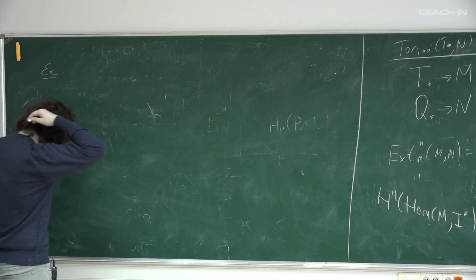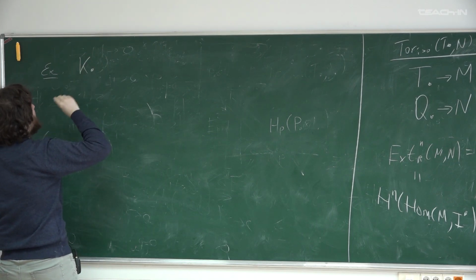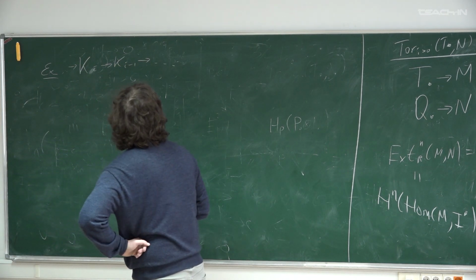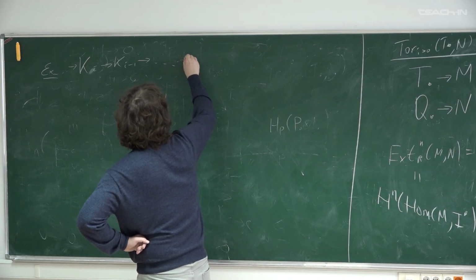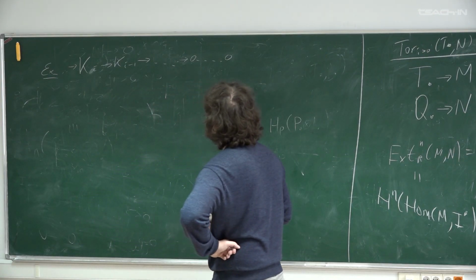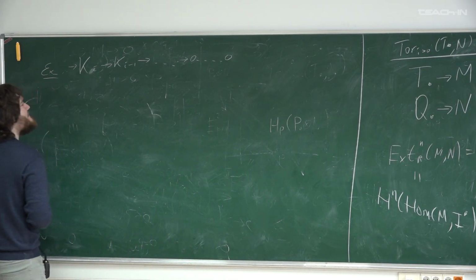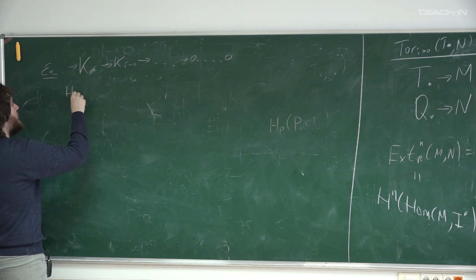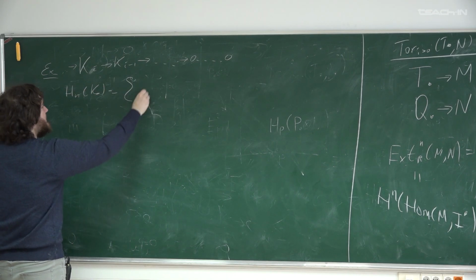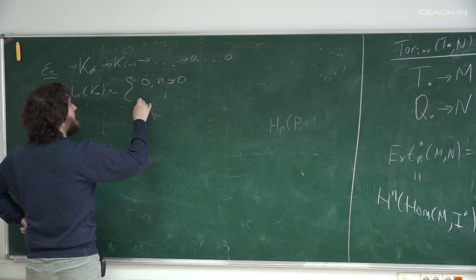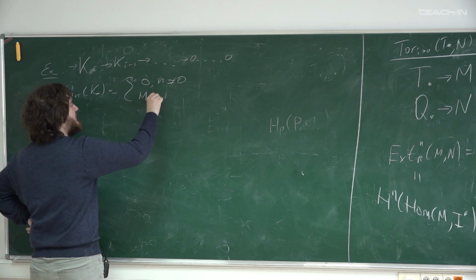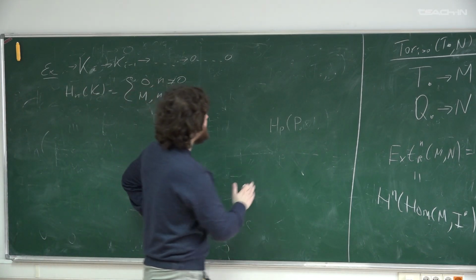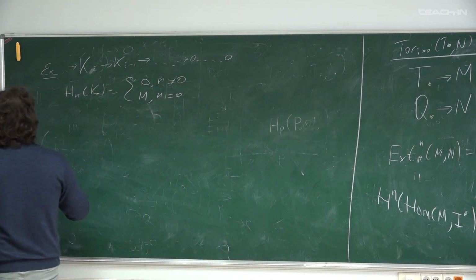If you have some chain complex which is bounded below, so it ends by zeros from some step, and this chain complex has only one non-zero homology, so all homologies of this chain complex are zero, and the only non-zero one is some module M in degree zero, then you can use this to calculate Tor.